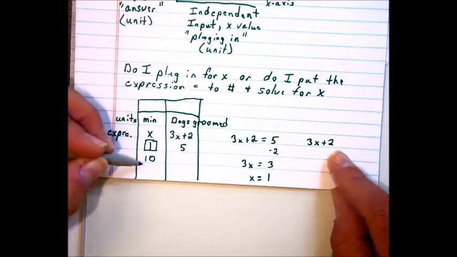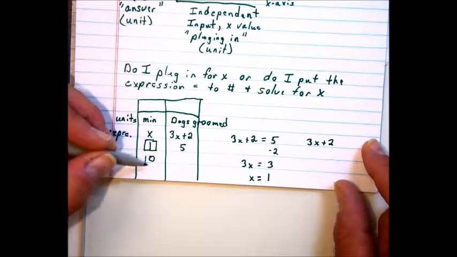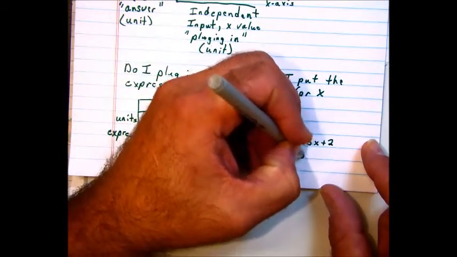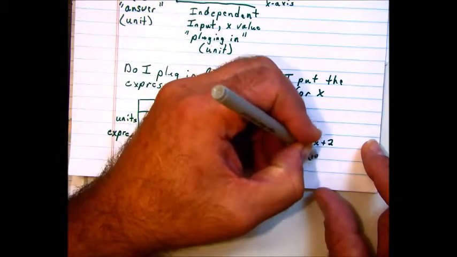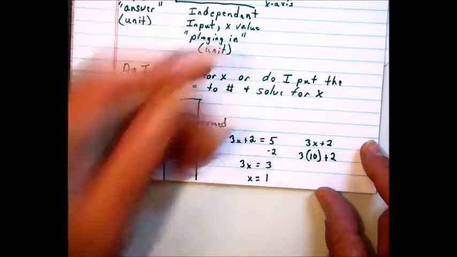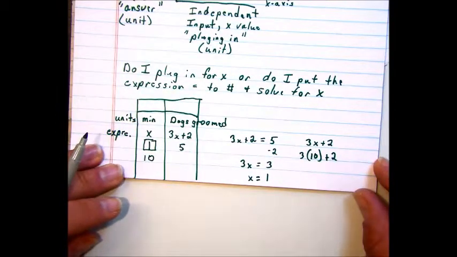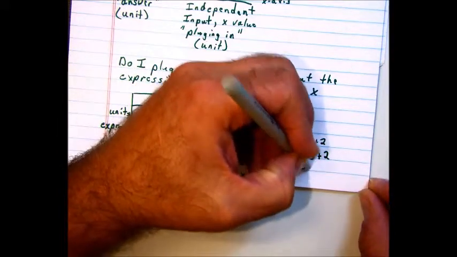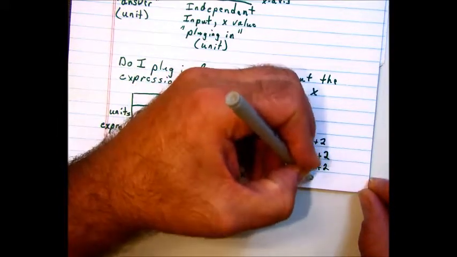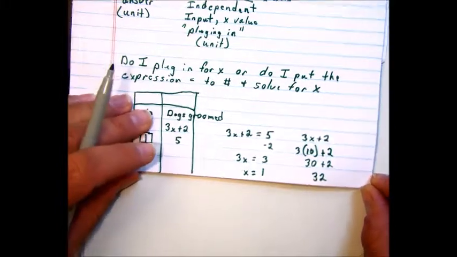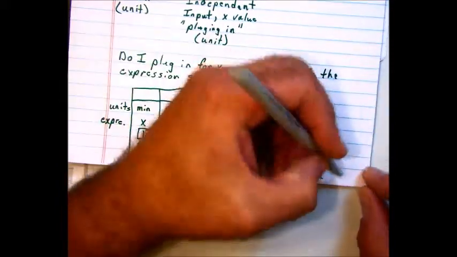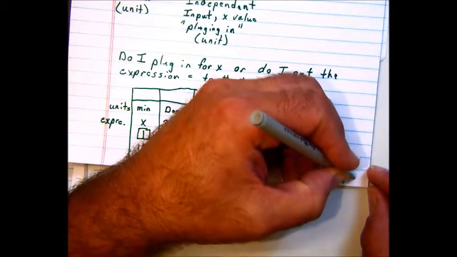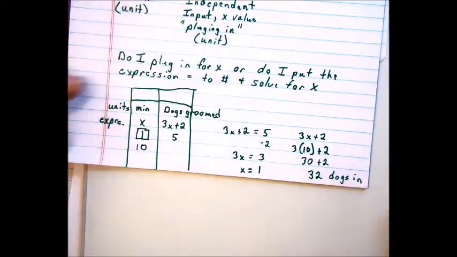They gave me 10 minutes, so I have to put in a 10 in the minute column. It's an input. So it would be 3 times 10 plus 2. You multiply 3 and 10 to get 30. Plus 2 is 32. Meaning you were able to groom 32 dogs in 10 minutes.